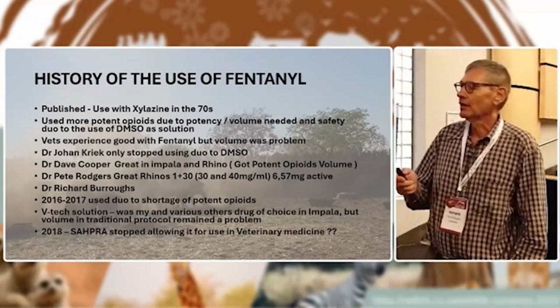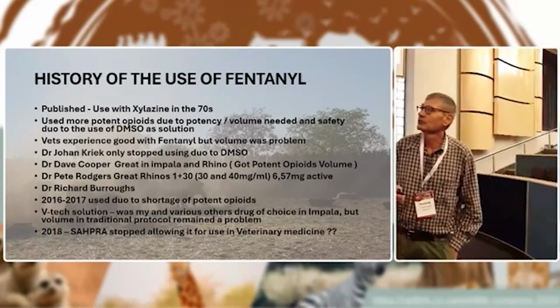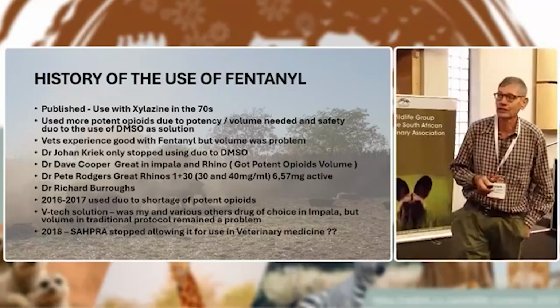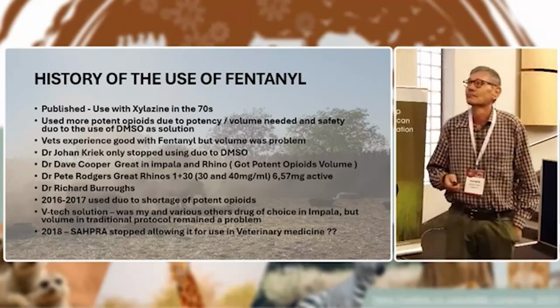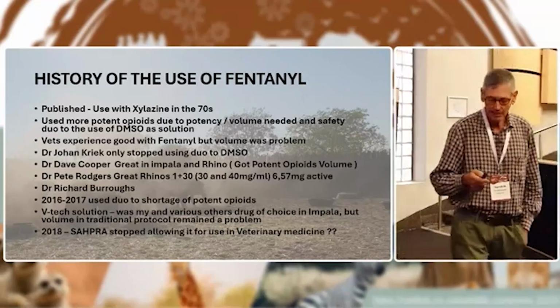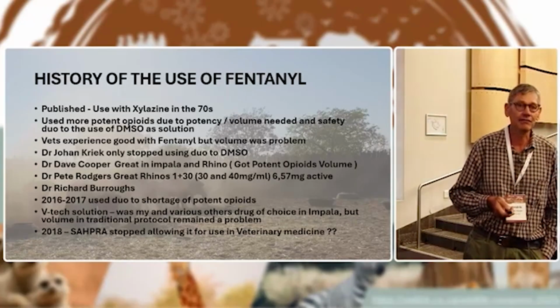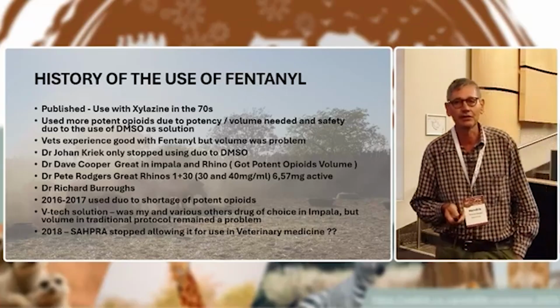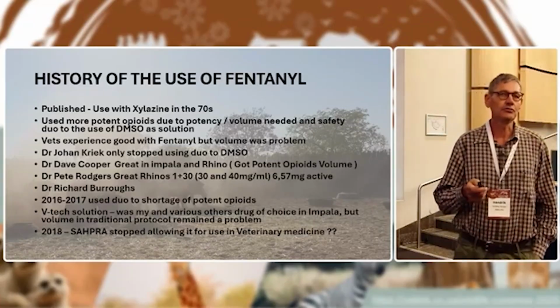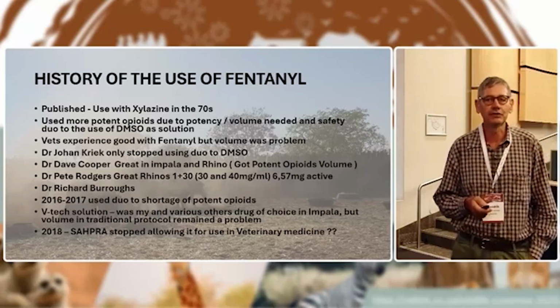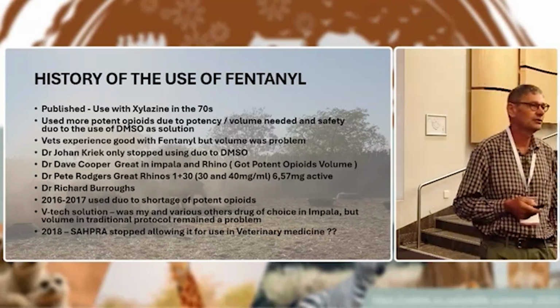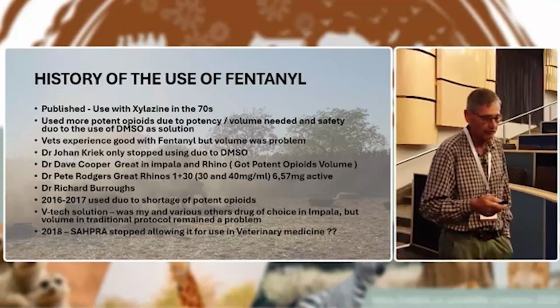Going back to the history of the use of fentanyl, the publications I could find were all published in the 70s, and at that stage it was combined mostly with xylazine. In rhinos it was combined with etorphine.